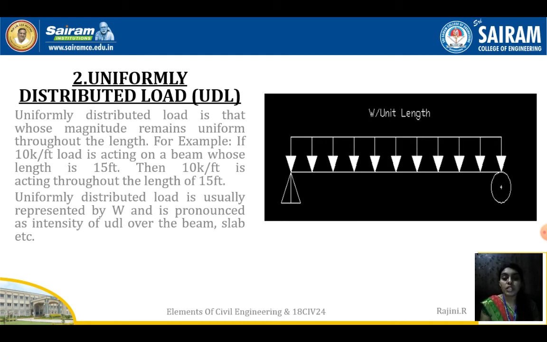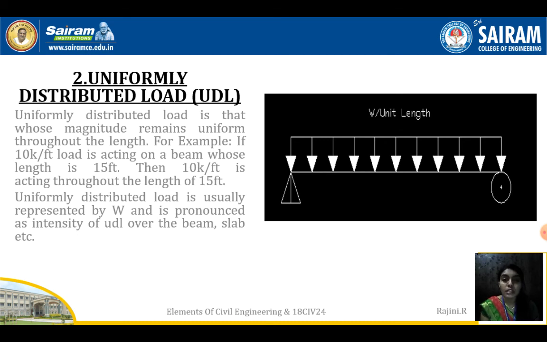Here I have taken an example: if 10 kilonewton of load per feet is acting on a beam whose length is 15 feet, for example. Here I am talking in newton, but I have typed in feet, right? So 10 kilonewton load is acting throughout the length of 15 feet.